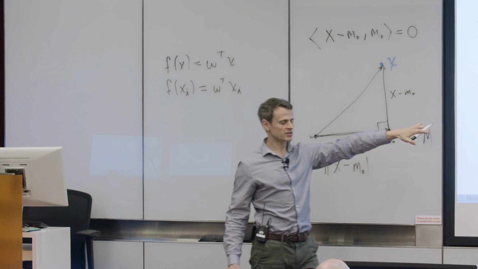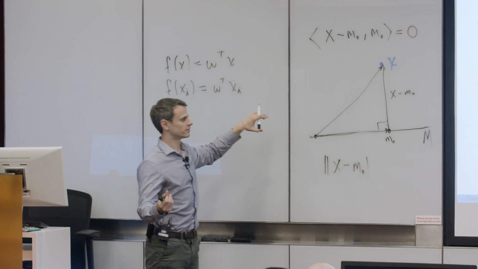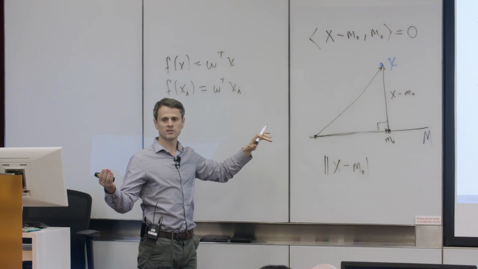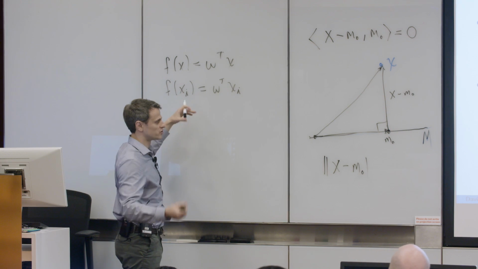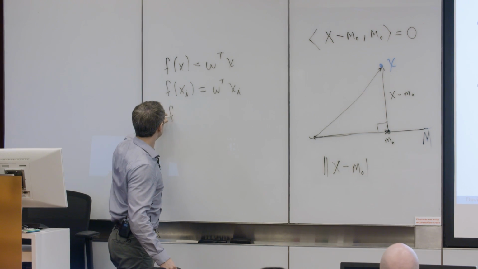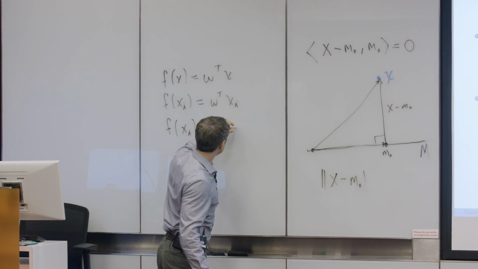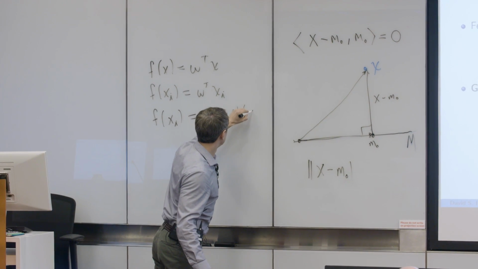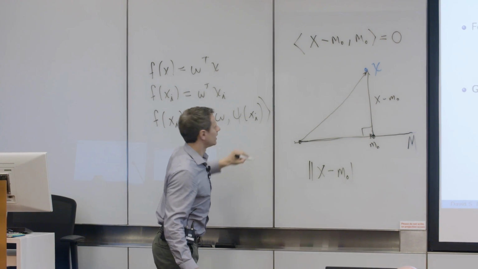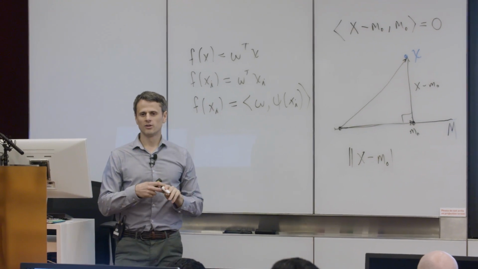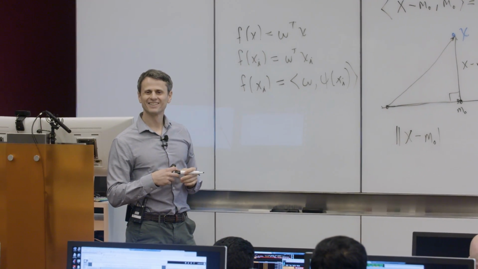But here we've written it in the slightly more general form where we are allowing some featurization and potentially a more general inner product. So we can write that as f of x_i equals the inner product of W and psi of x_i.